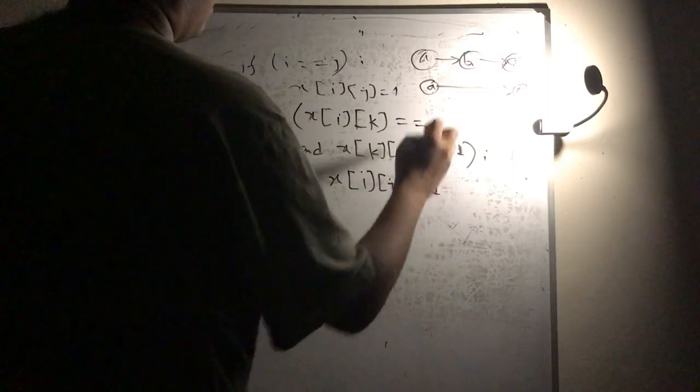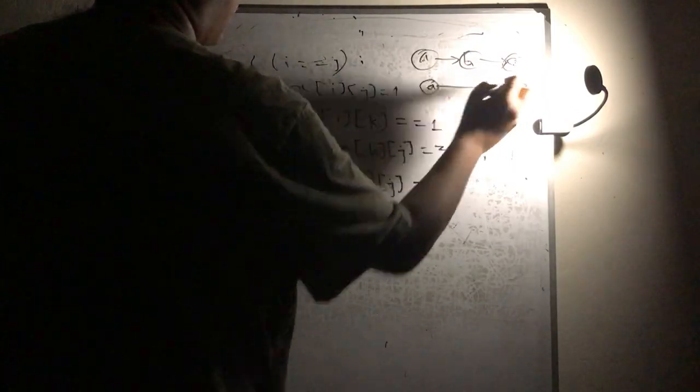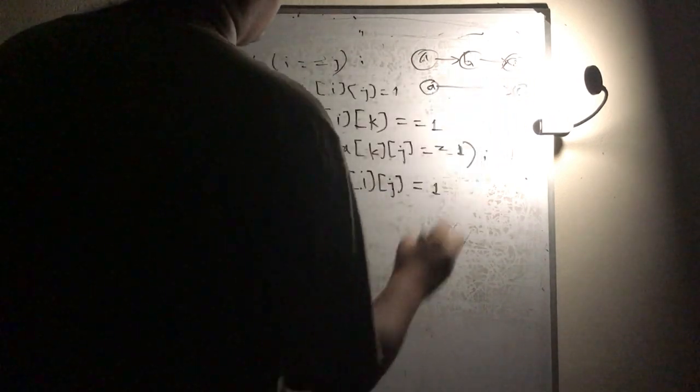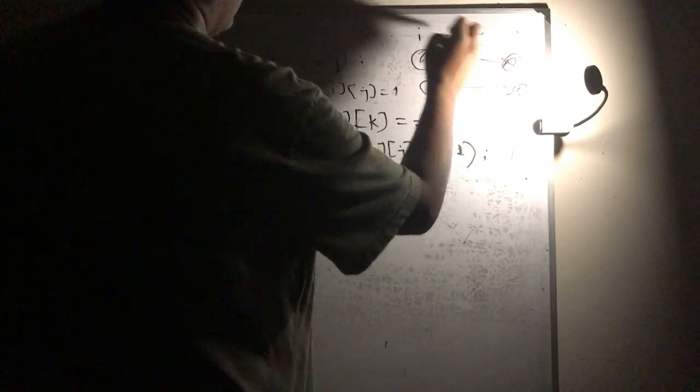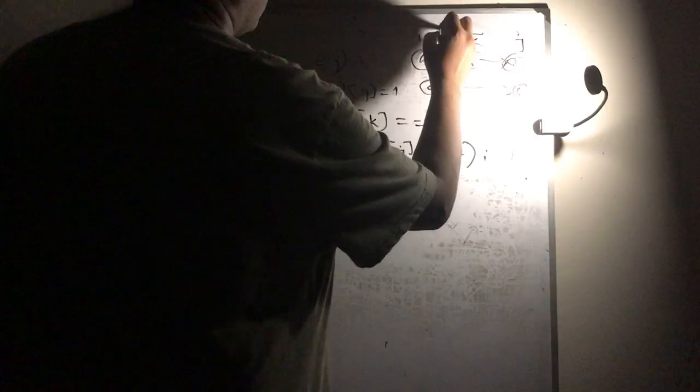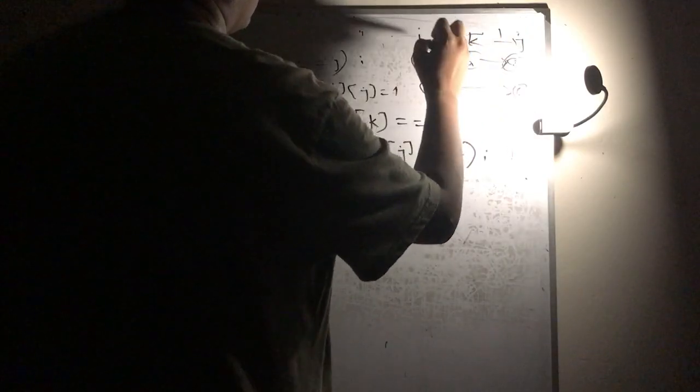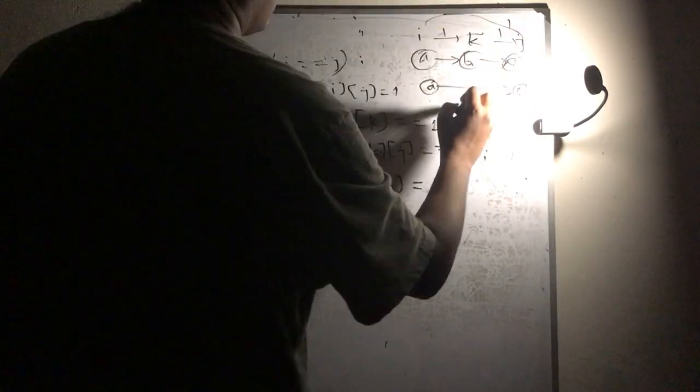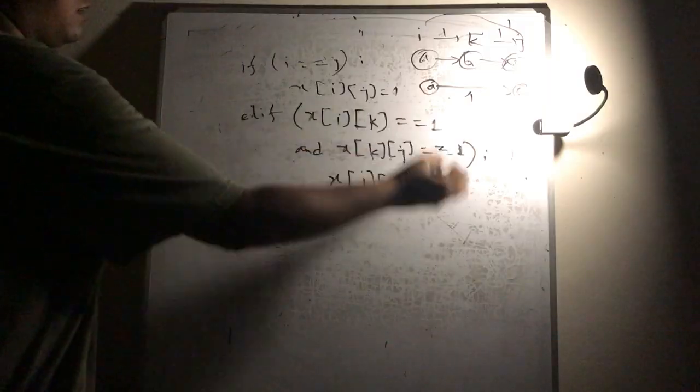So the intermediate is k, i, j. So i to k equal 1, k to j equal 1. So i to j equal 1. That's easy.